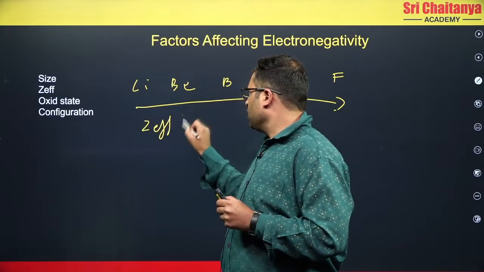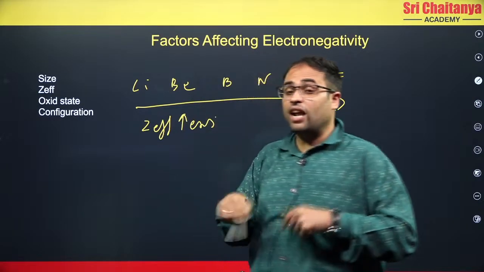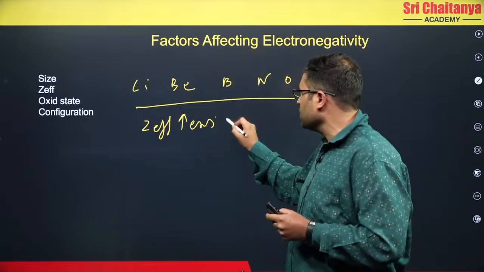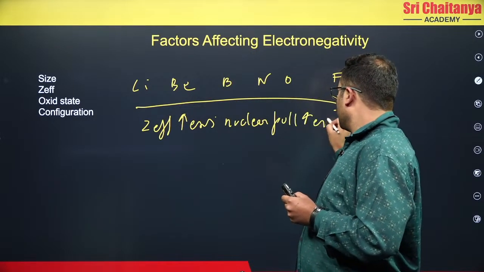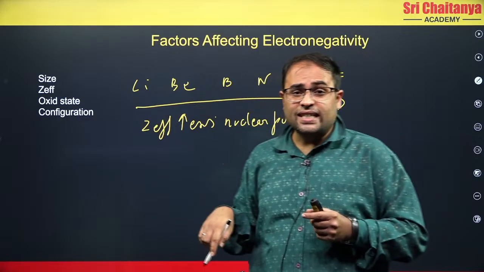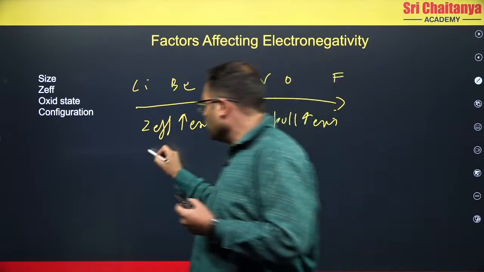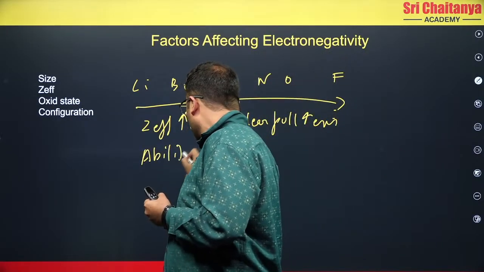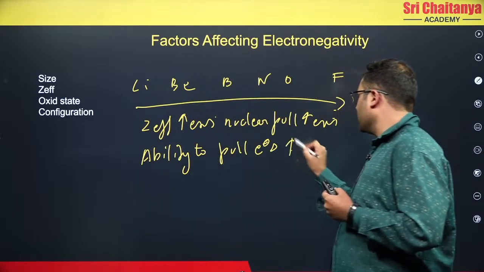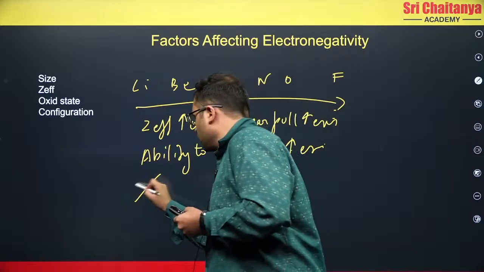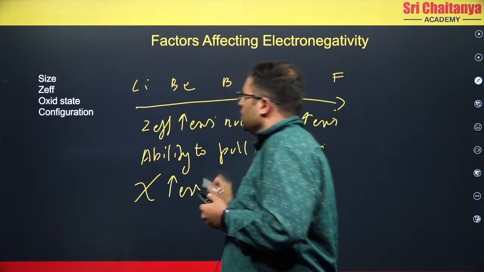The Z effective increases. As the Z effective increases, nuclear pull increases, right? As nuclear pull increases, the ability to pull electrons increases, so electronegativity increases, right?